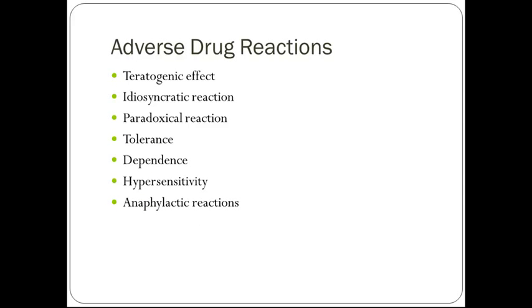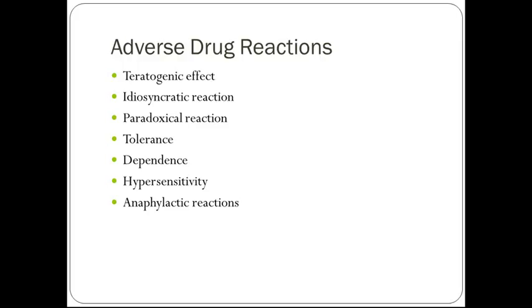Lastly, I want to talk about adverse drug reactions. We have teratogenic effects, where maternal drug administration causes physical defects of a fetus. So there are 5 categories of adverse reaction, or pregnancy categories, on all drugs.